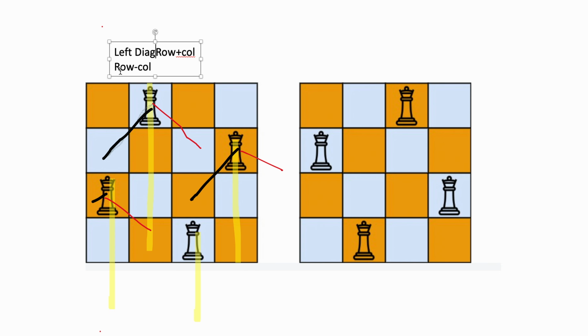Left diagonal abides by the formula of row plus column, and right diagonal abides by the formula of row minus column.